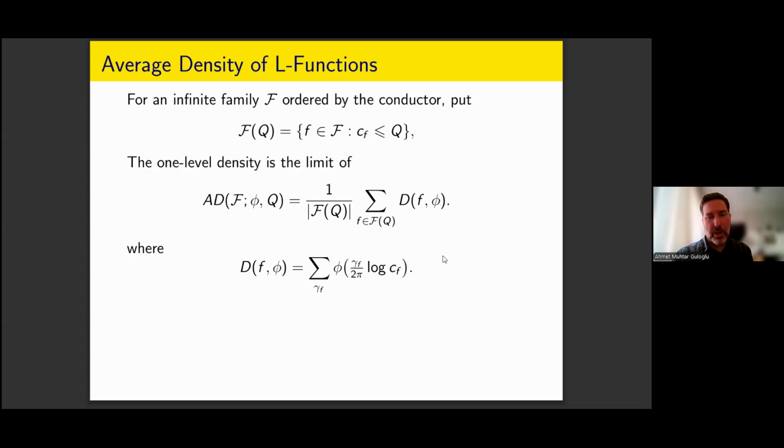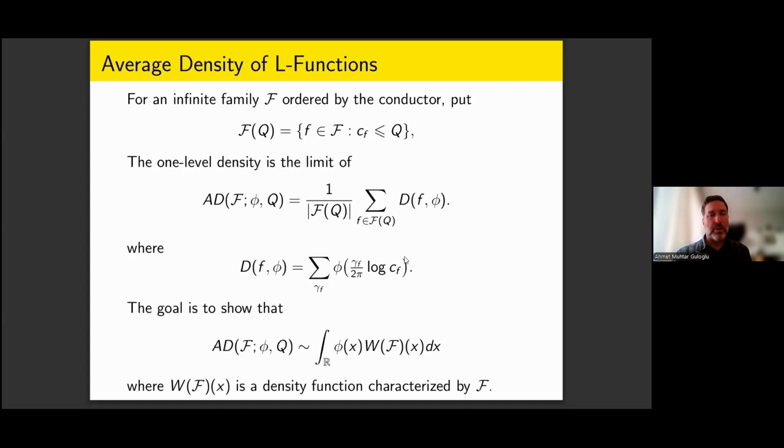The purpose is to show that when you take the limit as q tends to infinity, you will end up with an integral which shows the distribution of zeros, where this is the density function, and this is supposed to be matching, here's the magic, the corresponding densities in some family of matrices. And if you can do this, in some sense, you are confirming the Katz–Sarnak conjecture for this family.